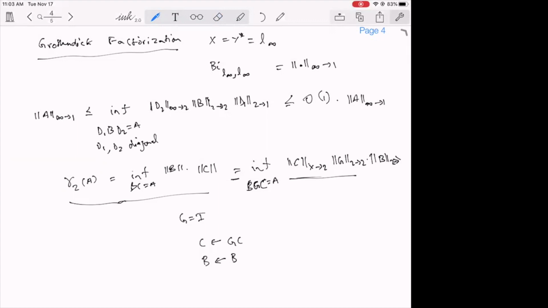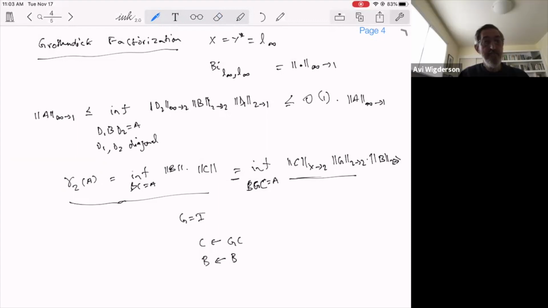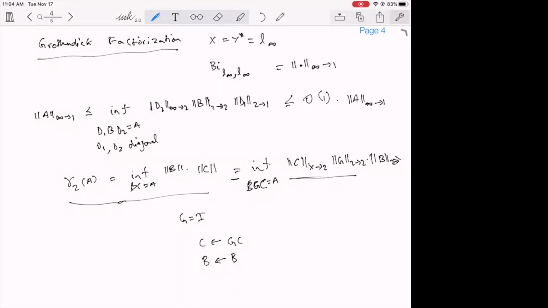Yeah, I agree. And so it seems from Grothendieck's inequality that you can always take one of the two of them to be diagonal, no? Either B or C, no? Yeah, in particular, that conclusion is fine. But also this triple factorization claim is true, where D1 and D2 are diagonal.